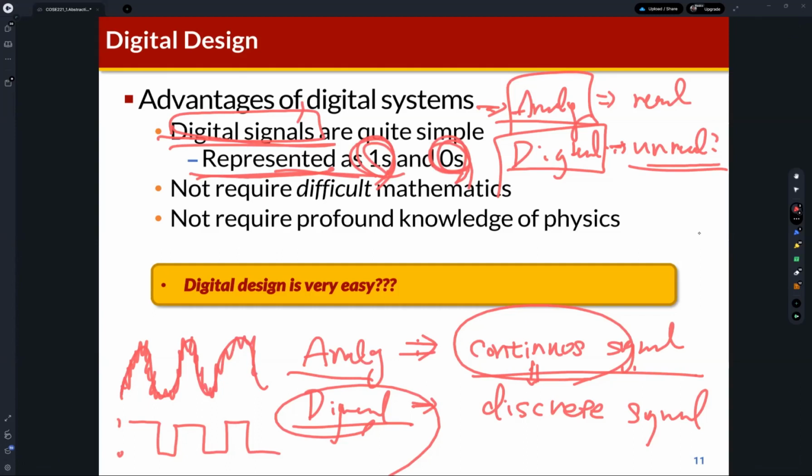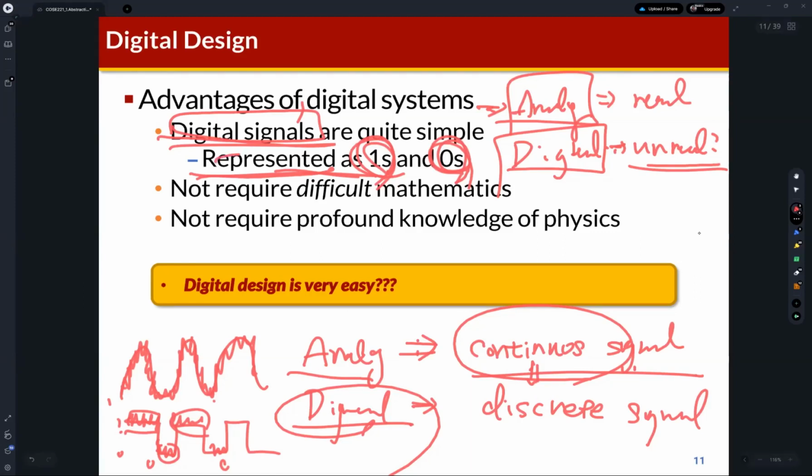In the digital signal, even if noise is included like this, we can think that this is the 1 and this is the 0, because there are only two values in the digital signal. That's why we use the digital system.